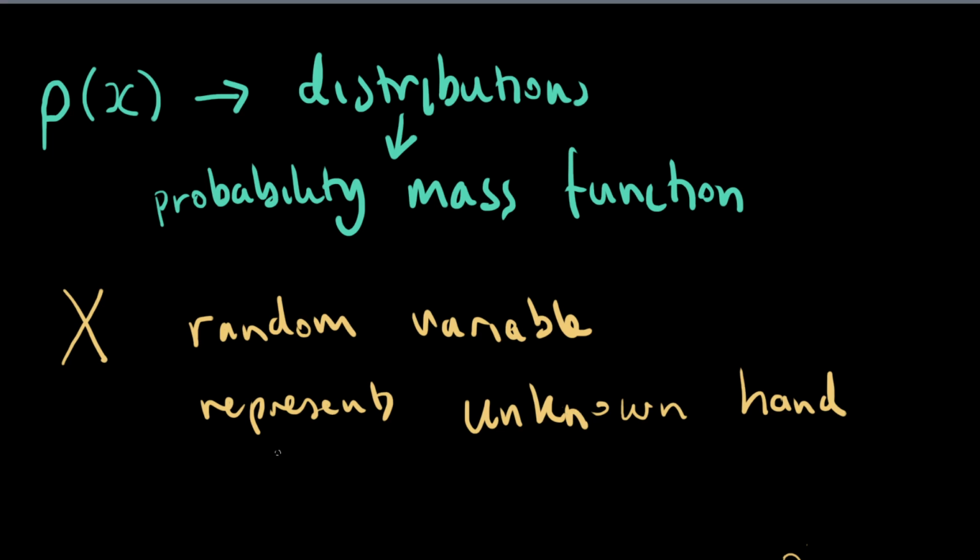Even though we don't know what the hand is, we can have some information about that hand if we know the distribution.